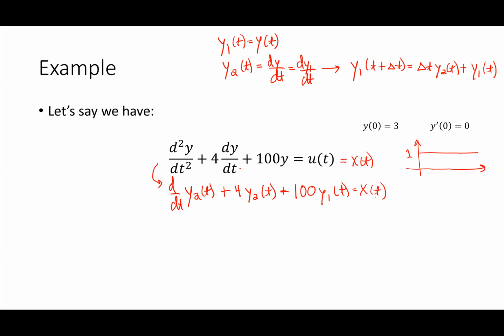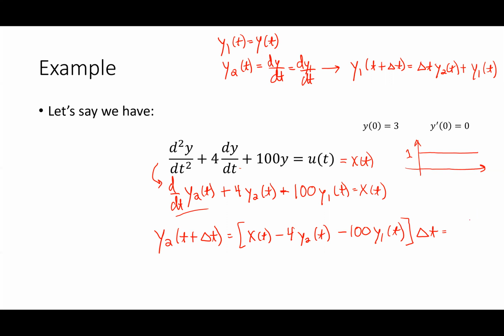We discretize the derivative and convert this into an algebraic equation, and we get that y2 of t plus delta t is going to be equal to x of t minus 4 y2 of t minus 100 y1 of t, times delta t, plus y2 of t.